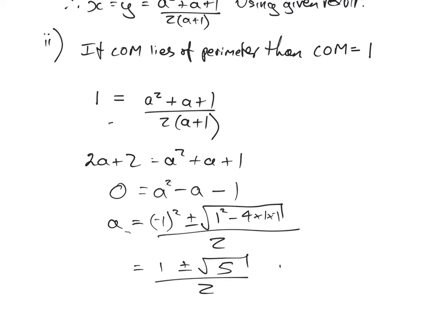Must be positive. Therefore A equals 1 plus the square root of 5 over 2. There we go.